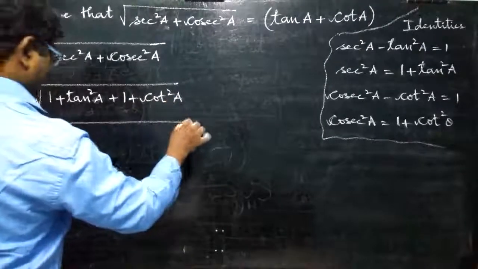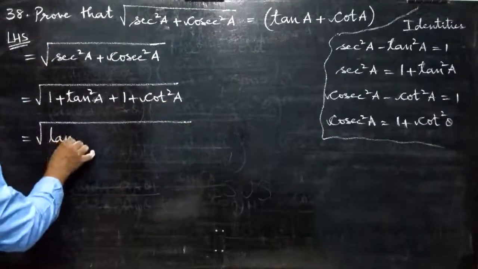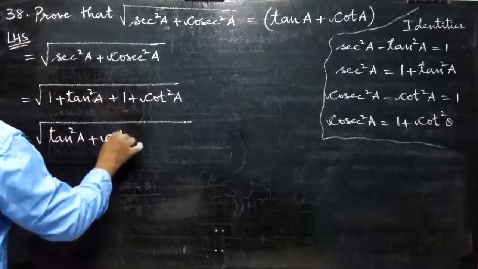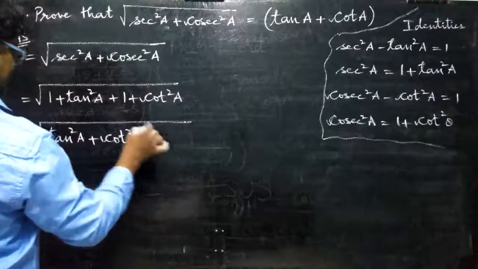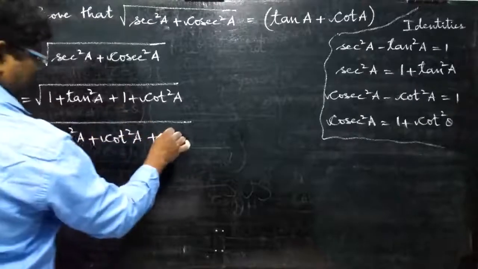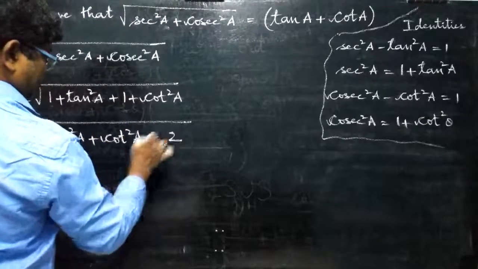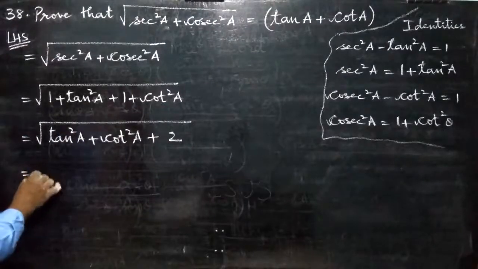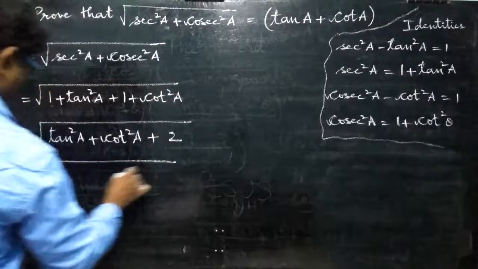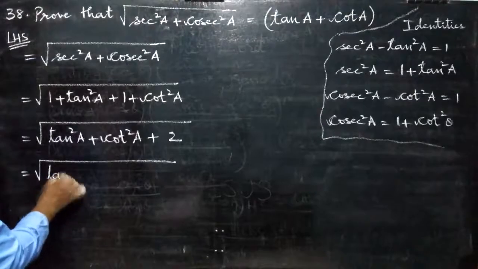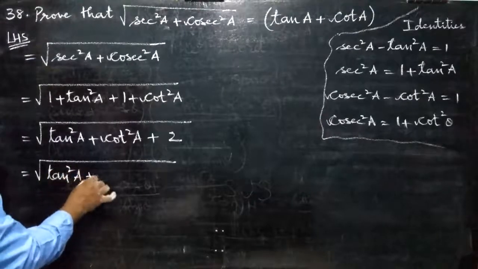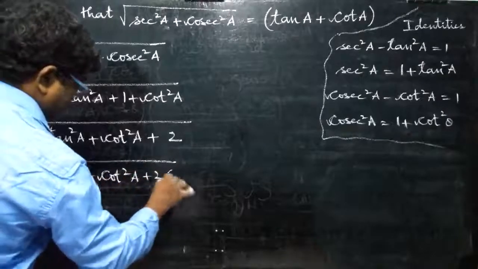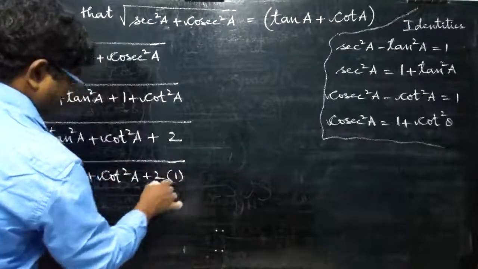Square root of tan square A plus cot square A plus 1 plus 1, how much? 2. This all will be done. Now that is equal to square root of tan square A plus cot square A plus 2 into 1. 2 ones are 2 only.